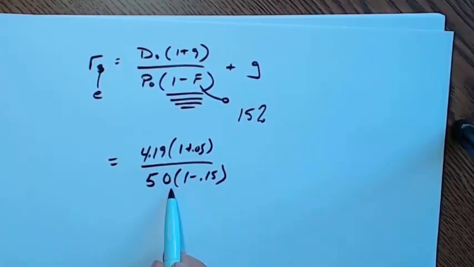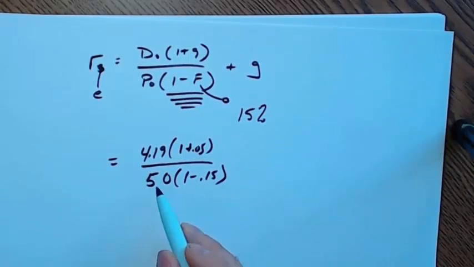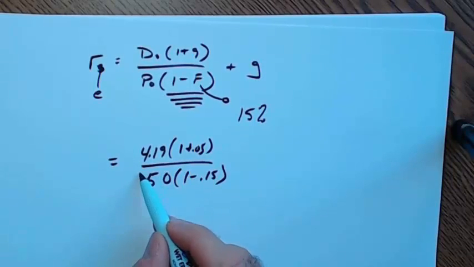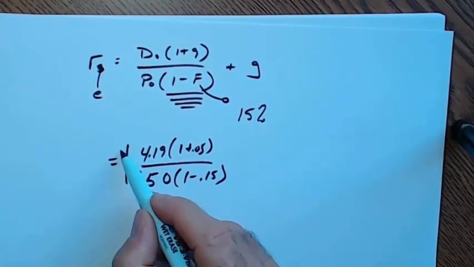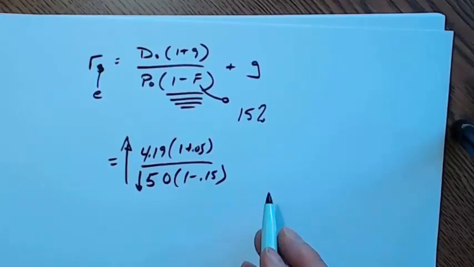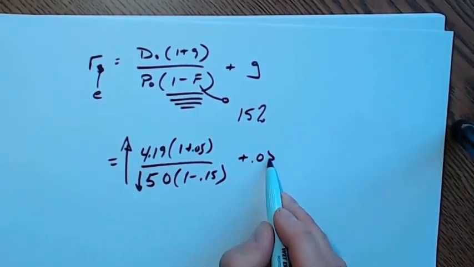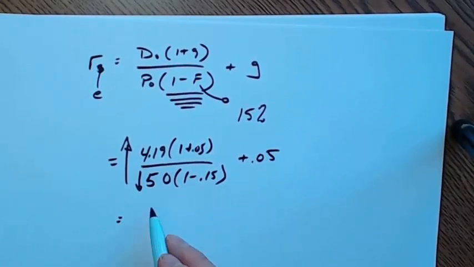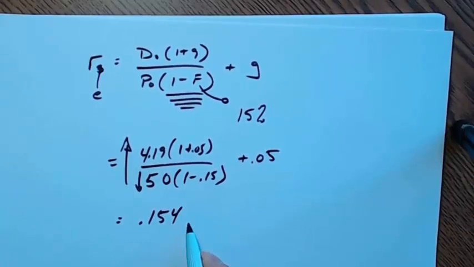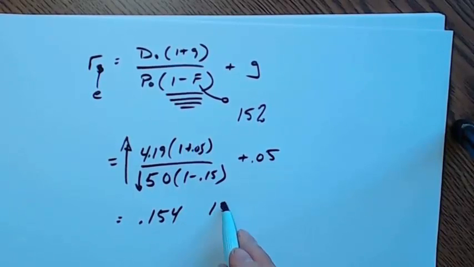So what it does is it reduces this stock price by 15%. This is really $42.50. So when this number gets smaller, the whole cost goes up. And that's what happens. This becomes 0.154 or 15.4%.